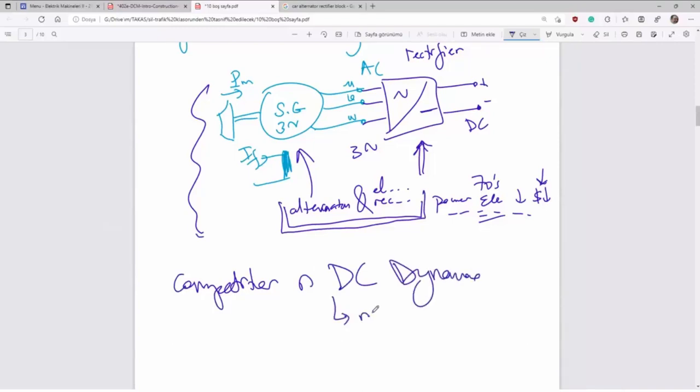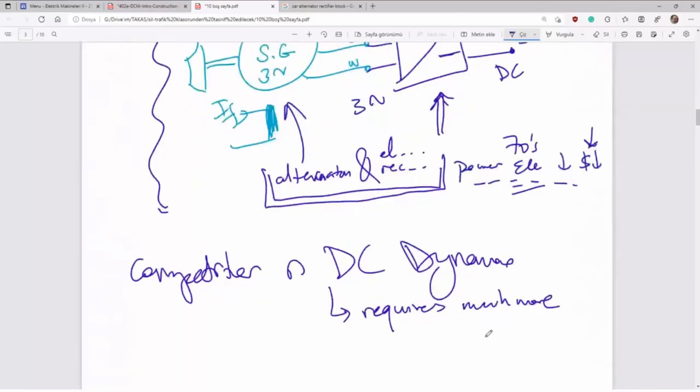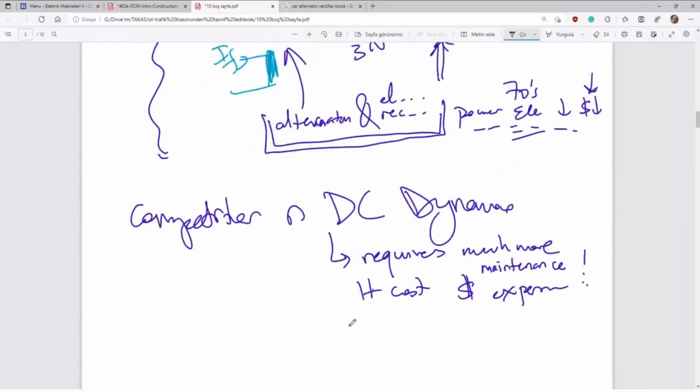It requires much more maintenance. So it costs expensive. Reliability is poor a bit.